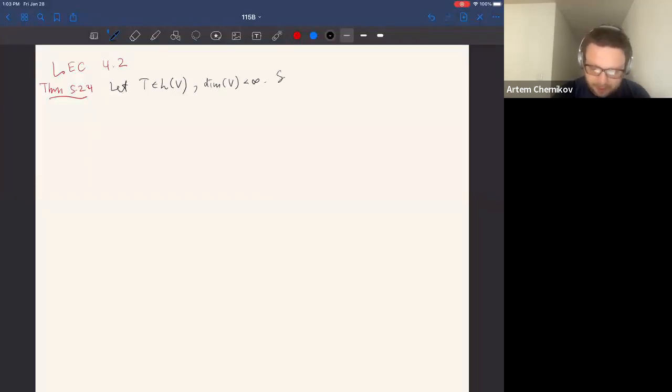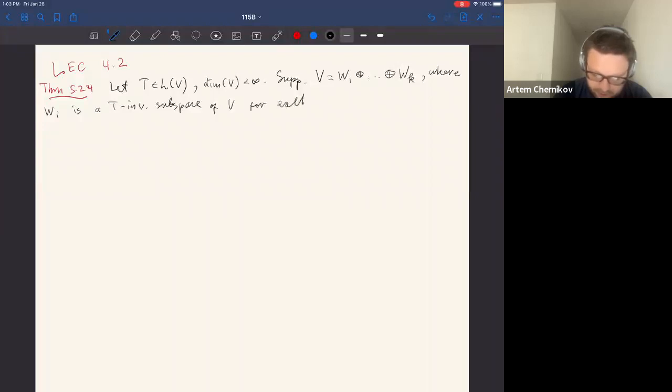Suppose that V is given by the direct sum of its subspaces W1, W2, etc. through Wk, where we have that Wi is a T invariant subspace for each i between 1 and k.